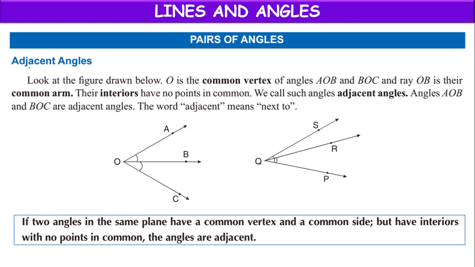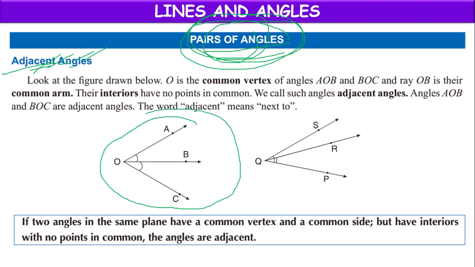Next one, adjacent angles. Our next concept is pair of angles, and in that we have adjacent angles. If you observe the figure, we have OA ray, OB ray, OC ray.